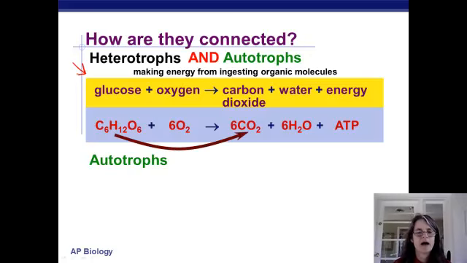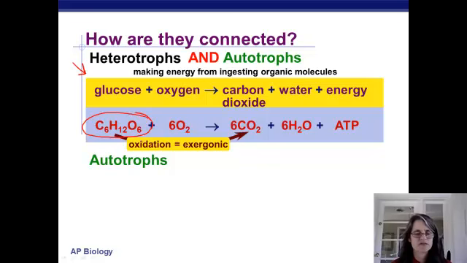All right? This, of course, is cell respiration. We are going to oxidize this glucose molecule, meaning strip electrons from it, and we are going to give them to oxygen, and we're going to be left with poor little CO2 molecules, but in the process, that energy from those electrons is going to be used to make ATP.